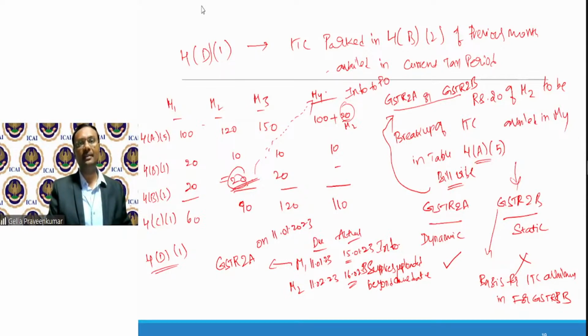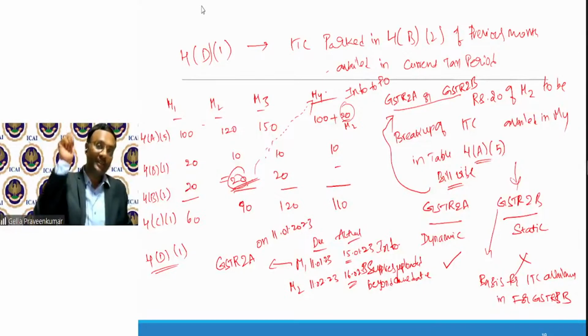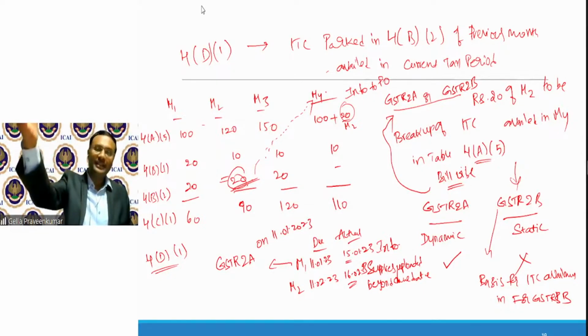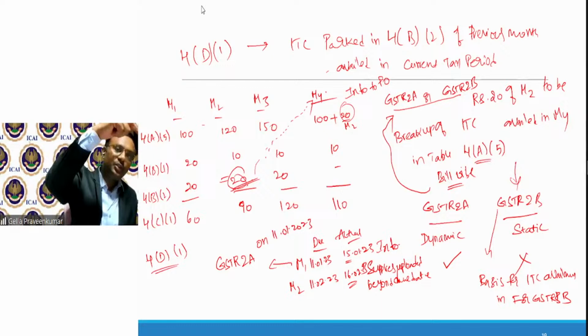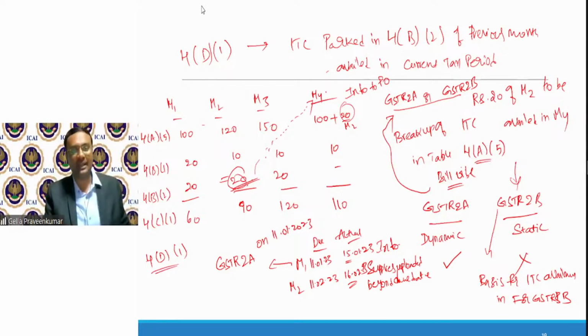Only 100 rupees is available. Why is it that you are taking 120? So I am going to explain to the GST officer, sir, 100 rupees on the basis of GSTR-3B may credit later on. The balance 20 pertaining to month 2, I am availing in this particular month.